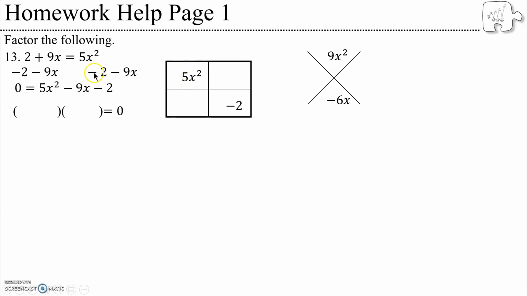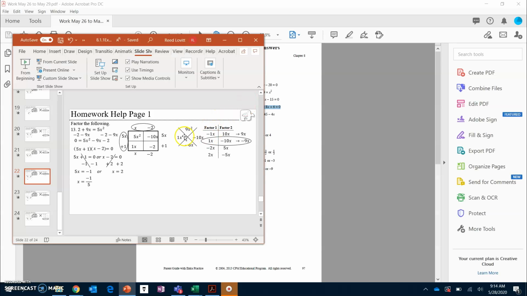If we wrote it like 5x squared minus 2 minus 9x, we would have messed things up, putting 9x in the corner. Then we multiply them together, 5x and negative 2, to get negative 10x.